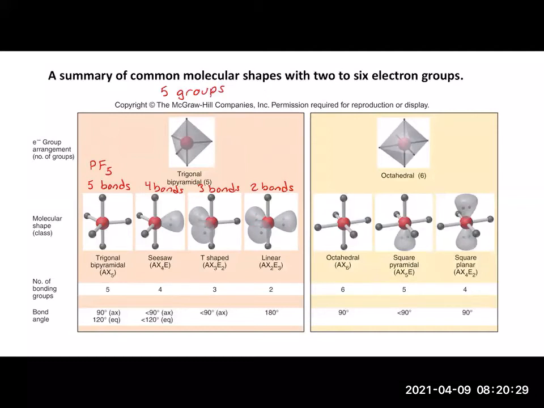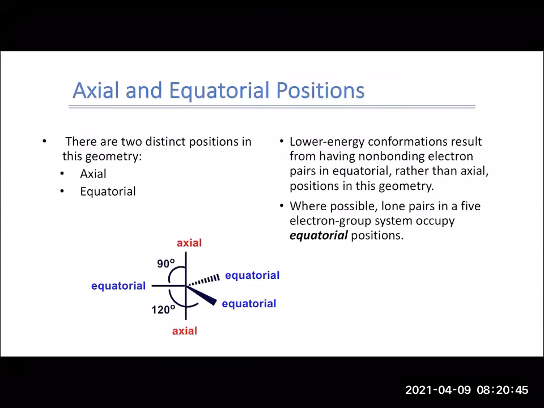you're probably asking, why did I pick the central plane to put the lone pair? Why not one of these on the top? Well, the answer has to do with the geometry. If I have my equatorial ones all here, all those equatorial ones are 120 degrees apart from each other, right? So everything here is 120. And then between the axial and the equatorial, that's 90 degrees.